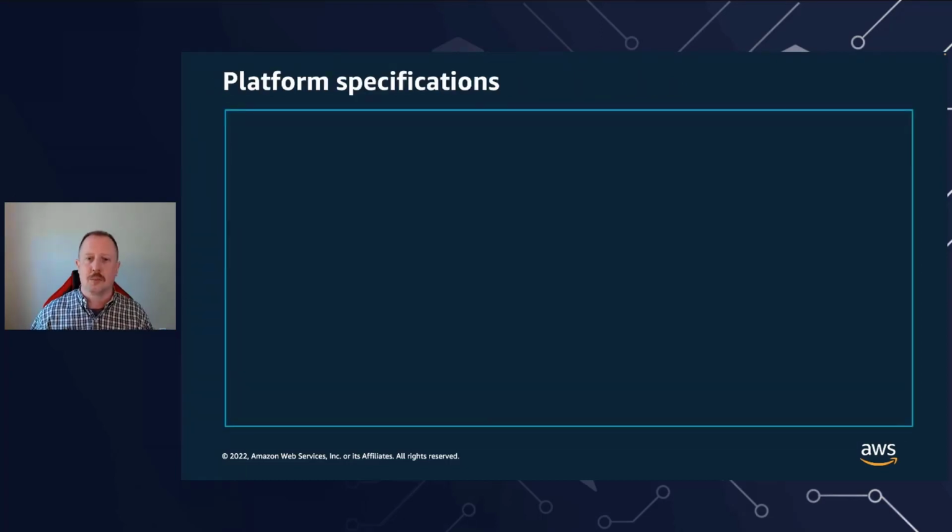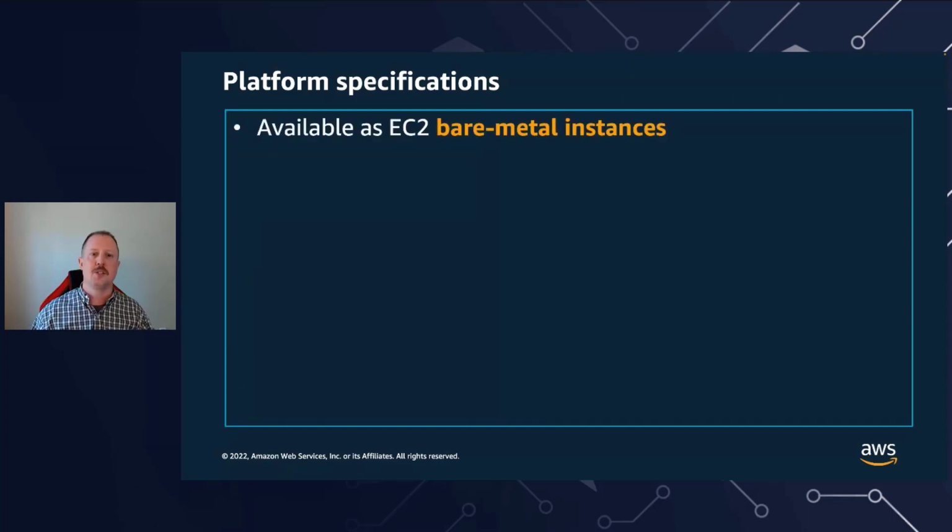So let's talk in a little bit more detail about these new M1 Mac instances. They are available as EC2 bare metal instances. And what this means is that there's no Nitro hypervisor or really hypervisor of any sort between you and the hardware. So as a mental model, think of plugging a USB thumb drive into the back of the machine and powering it on.